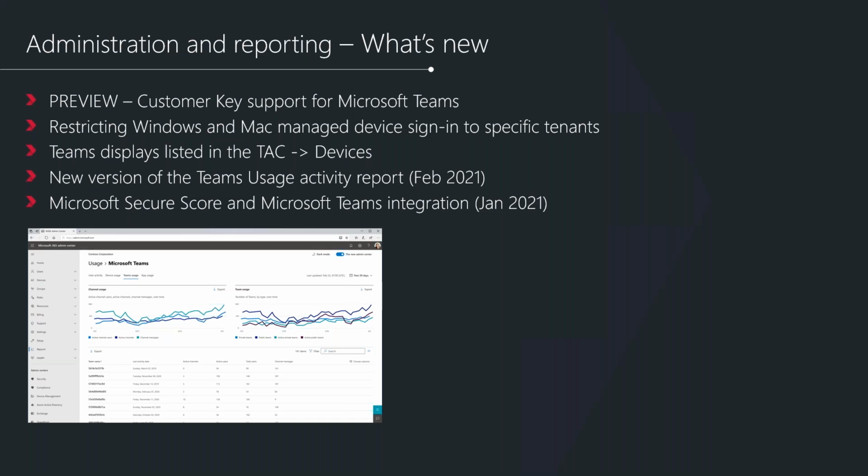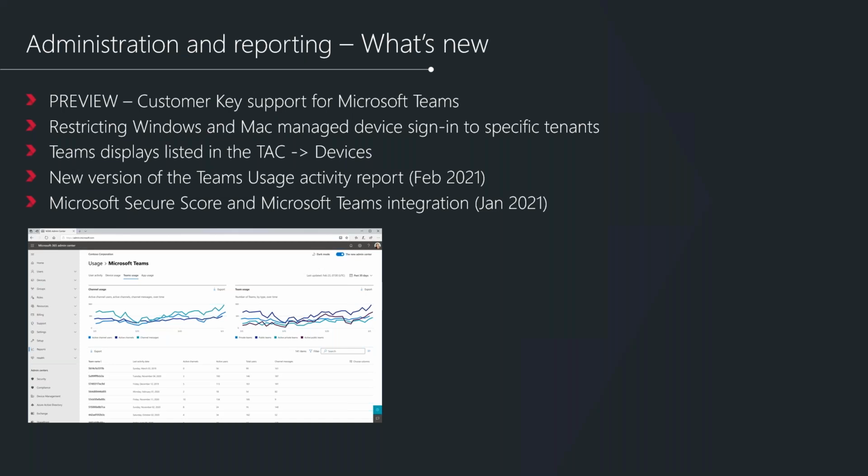And finally, this is one which is going to be very useful. For the security score, Microsoft are bringing Teams into the fold. So they are going to start having security recommendations around Teams configuration. You'll be able to boost your security score by making some configuration changes to the Microsoft Teams configuration.